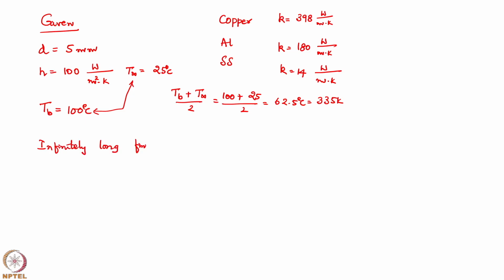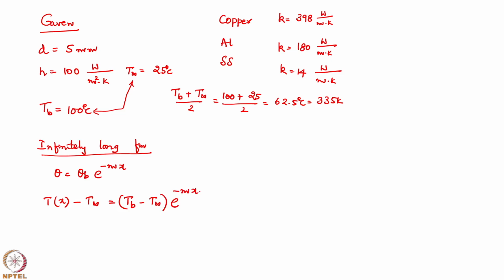If I take an infinitely long fin, the temperature distribution I have is theta equal to theta b into e to the power of minus mx, that is T of x minus T infinity equal to Tb minus T infinity into e to the power of minus mx.